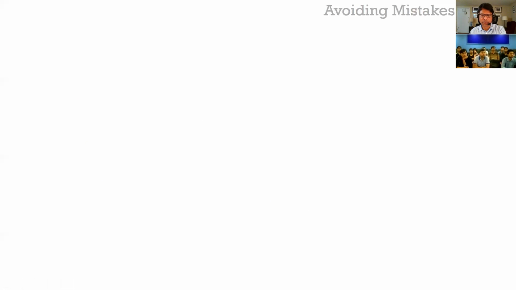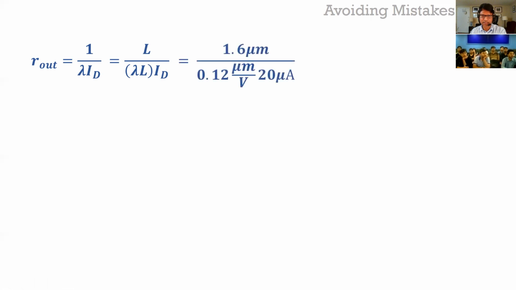The other thing I wanted to point out is avoiding mistakes in units. What I see people do is that when they write the equation for gm or rds, they get orders of magnitude errors. For example, when you're writing R out as 1 over lambda ID, you can choose whichever way is convenient to you, but choose one way.